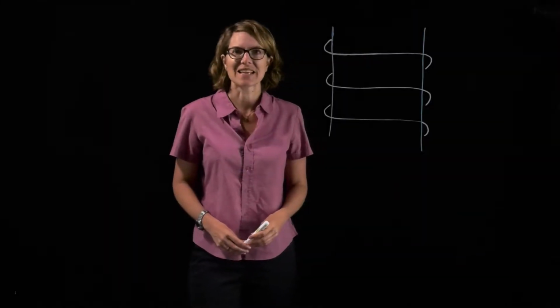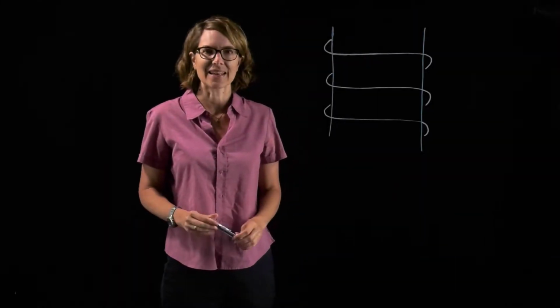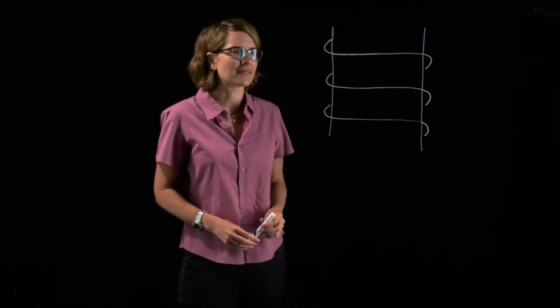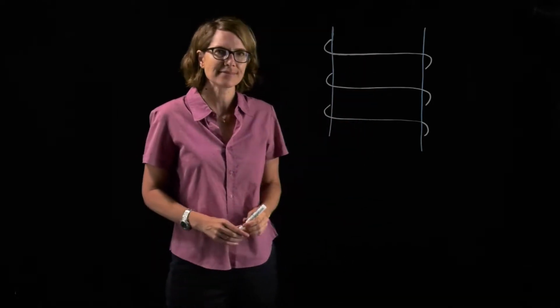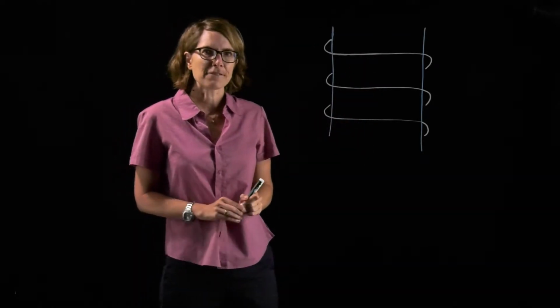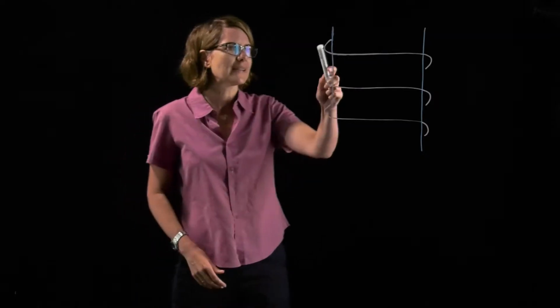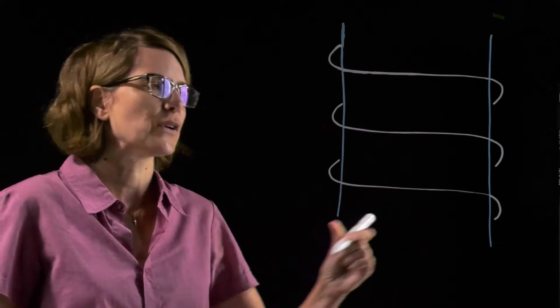Now we're going to use Ampere's law in a solenoid. We want to find the magnetic field inside this very long solenoid here. We have N winds of this wire per unit length.